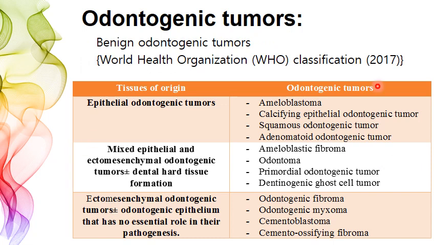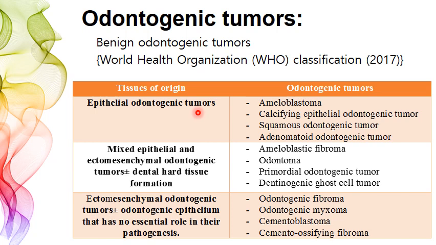The classification of odontogenic tumors according to the World Health Organization, this is the latest classification from 2017. It classified the odontogenic tumors into benign and malignant tumors. The benign odontogenic tumors are subclassified according to their tissue origin into three subcategories.